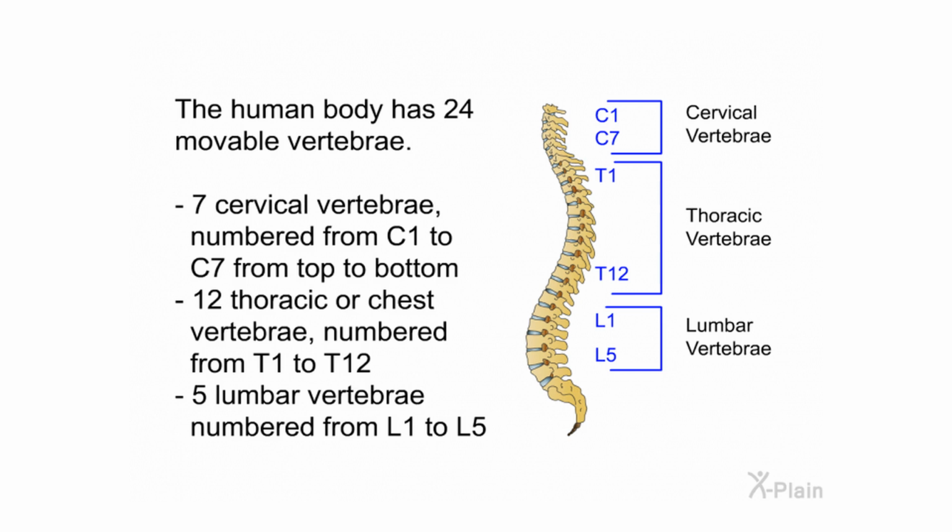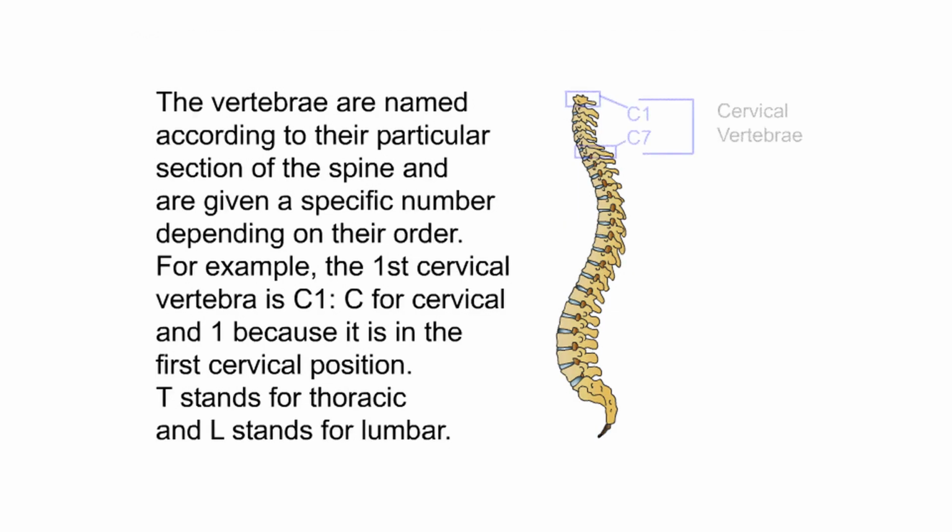The human body has 24 movable vertebrae: 7 cervical vertebrae numbered from C1 to C7 from top to bottom, 12 thoracic or chest vertebrae numbered from T1 to T12, and 5 lumbar vertebrae numbered from L1 to L5. The vertebrae are named according to their particular section of the spine and are given a specific number depending on their order.